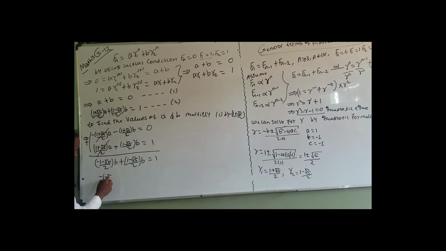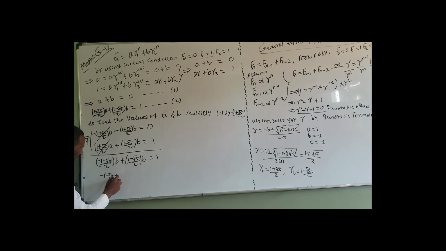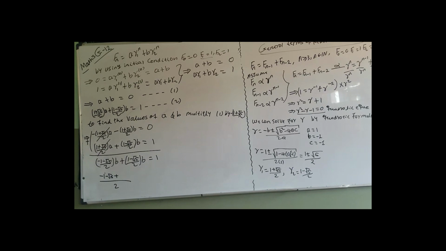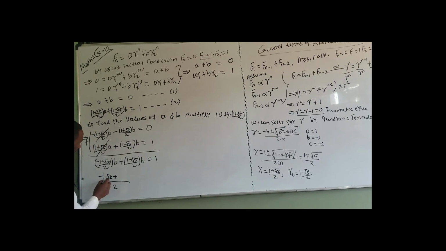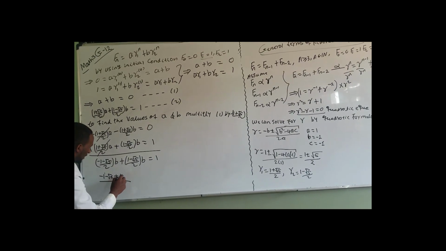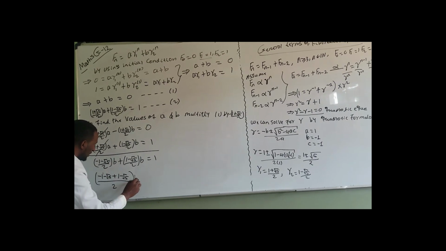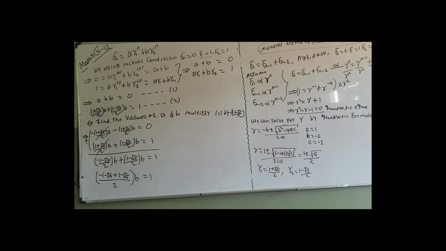Then negative 1 minus root of 5 plus 1 minus root of 5, taking 2 as the least common denominator, times b, is equal to 1.